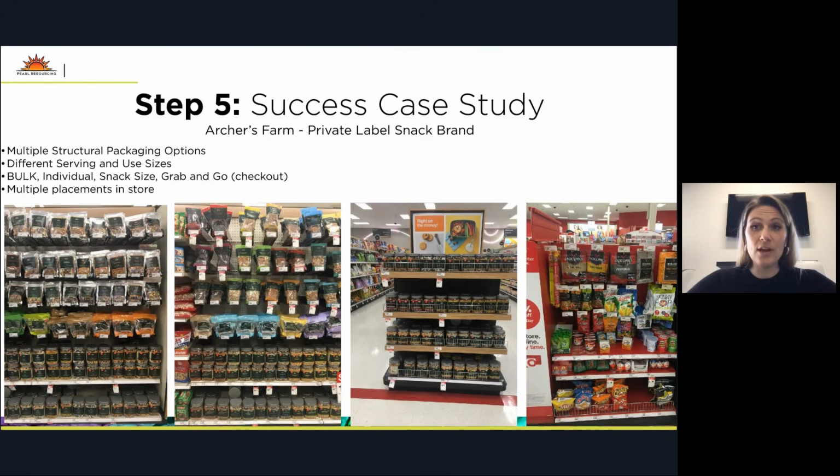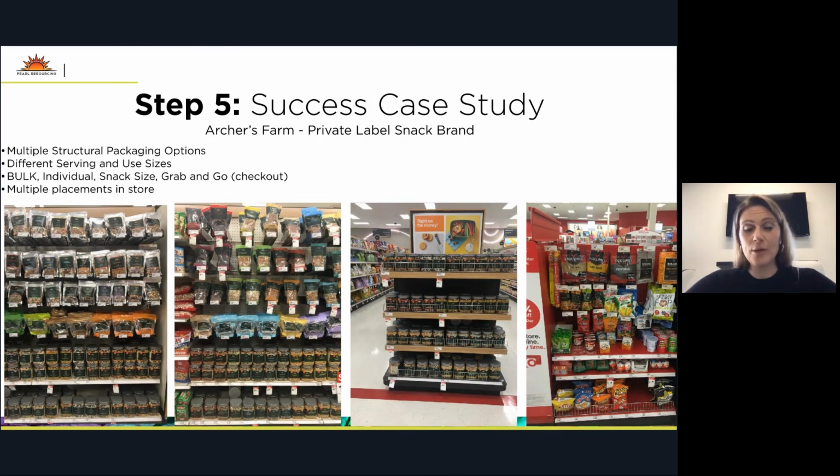Another example of great success is the Archer Farms private label snack brand. You can see that Target has very deeply innovated various packaging types. At the very bottom, they have their bulk premium hard rigid plastic trail mixes and nut mixes.